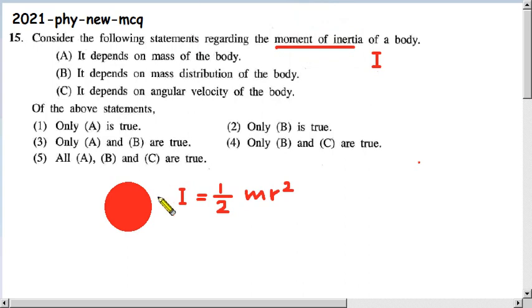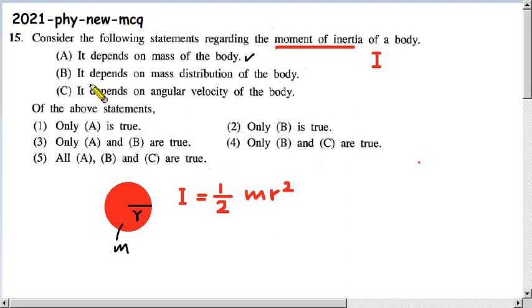The radius is r, the mass m. So here you see m is there, then it can change the value of I, moment of inertia. So that means it depends on mass of the body. That must be correct because this variable is there in the equation.